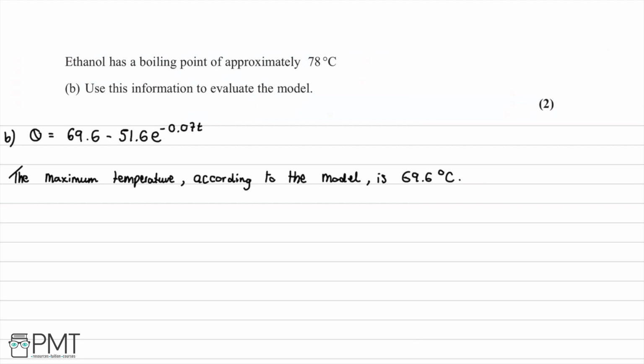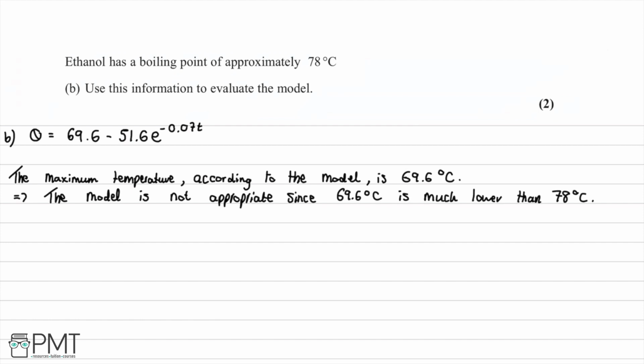So then in practice, what does this mean? This means that the model isn't great. And why is this? This is because the maximum should be 78, because that is the boiling point of ethanol. So therefore, this is a fault in our model. So we'll just write this down, and we'll say that, therefore, the model is not appropriate. And why is this? This is because 69.6 is much lower than 78.